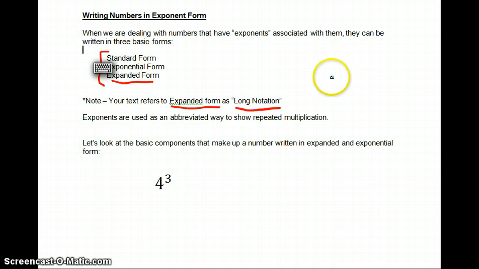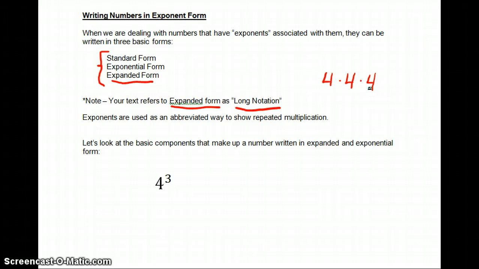When we say that it is used to show repeated multiplication, what I mean is that we have 4 times 4 times 4. Now, you may think to yourself, why can't I just do 4 times 4 times 4? 4 times 4 is 16, 16 times 4 is 64. Why can't I just use that math?